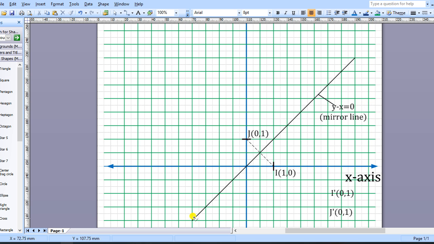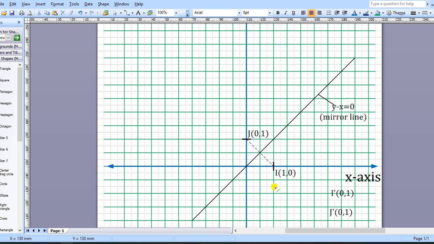You first draw that line, as I've drawn it here. Then you take 1 unit on the positive x-axis and 1 unit on the positive y-axis. At this point, I'm taking a point I, which is (1, 0), and a point J, which is of course (0, 1).